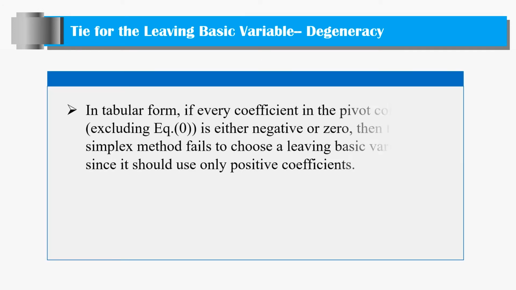Next, we consider a case in the tabular form: if every coefficient in the pivot column excluding equation 0 is either negative or 0, then the simplex method fails, because to choose a leaving basic variable, we want to compute the minimum ratio of only the positive coefficients.